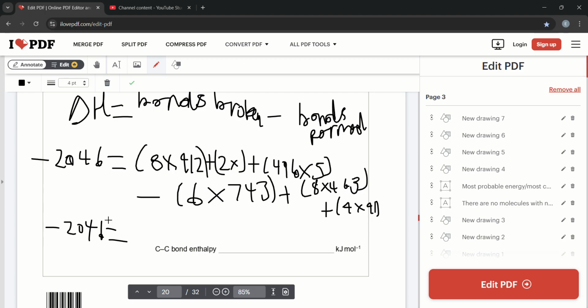8 times 412 plus 496 times 5, that gives 5776. And we're subtracting 6 times 743 plus 8 times 463 plus 4 times 41.